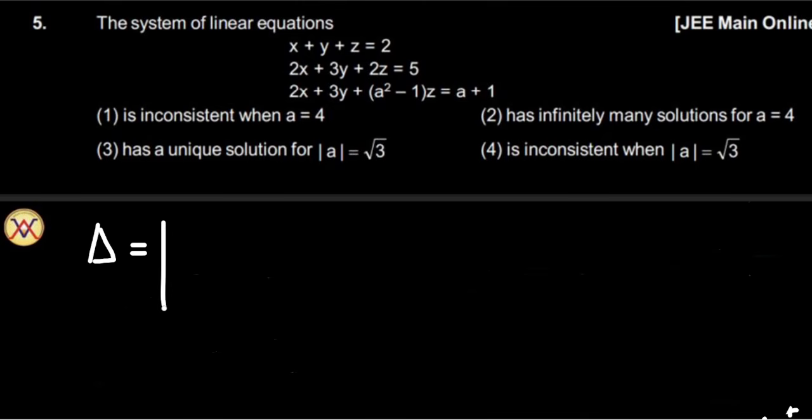Now see the coefficient of x in the first equation, 1. Coefficient of y in the first equation, 1. Coefficient of z in the first equation, 1. Now coefficient of x in the second equation, 2. In the third equation, 2. Now for y, it's going to be a 3.